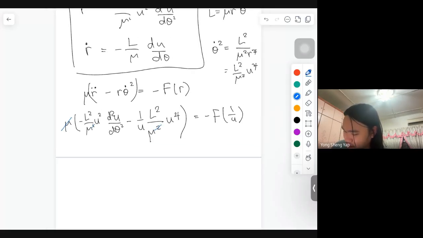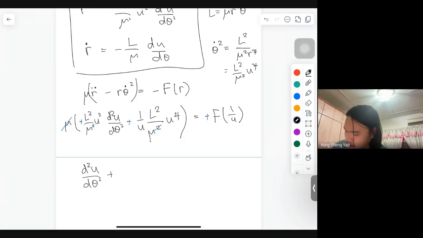And then we can take out the negative sign. So if you do it right, you'll be left with an equation of motion in terms of d2u over d theta squared.